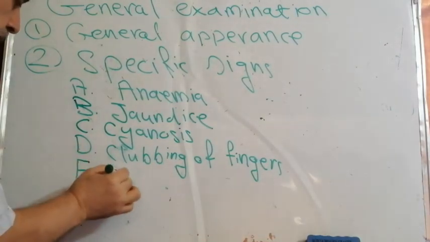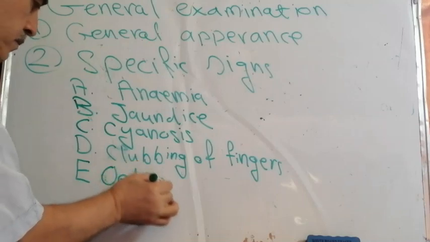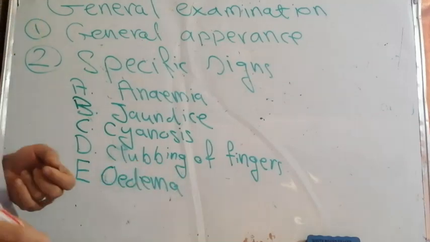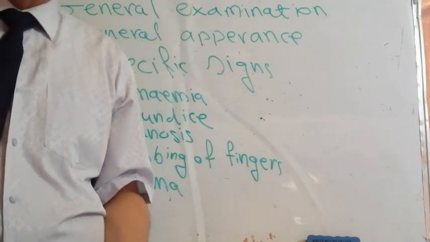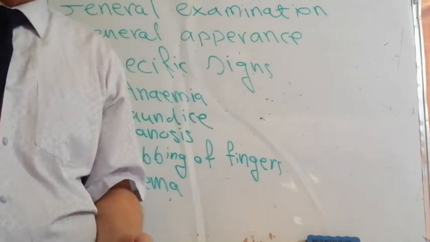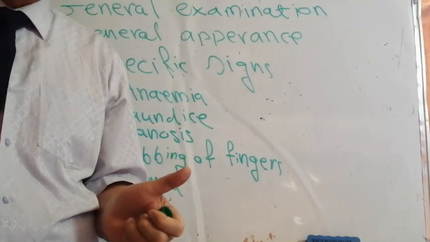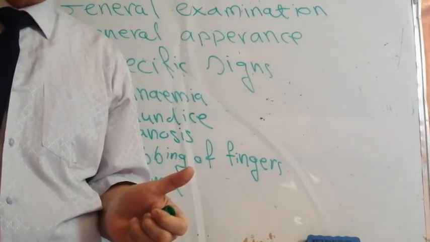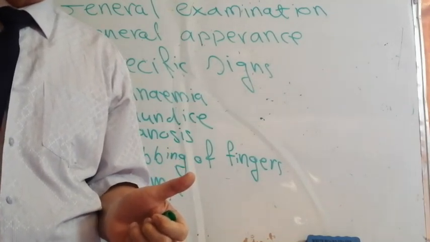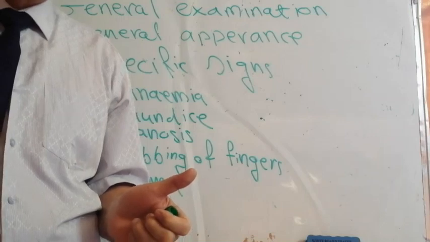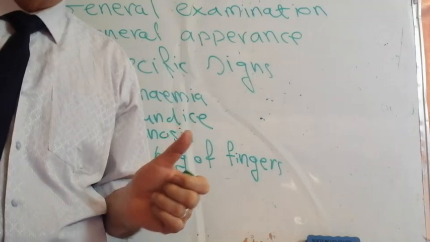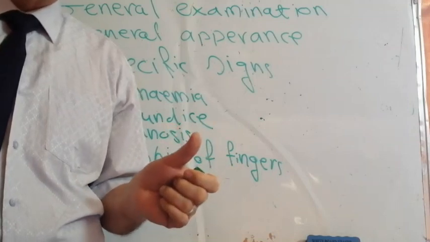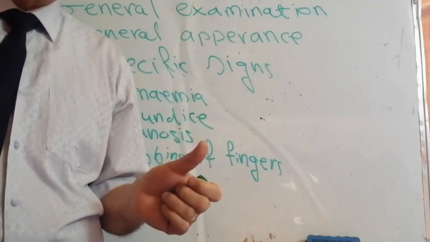E, the oedema. The oedema, you can see it in the leg, above the medial malleolus. You press against the tibia for 1 minute, and you see whether there is a fingerprint on the skin after you remove your finger. It means this is pitting oedema.